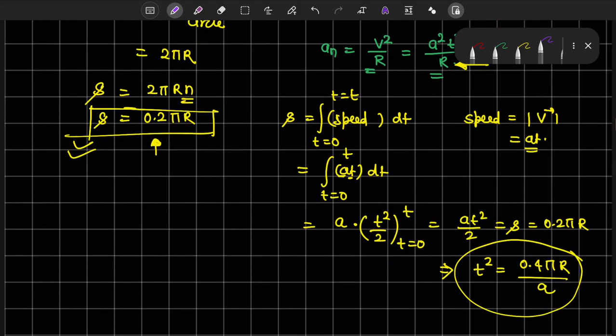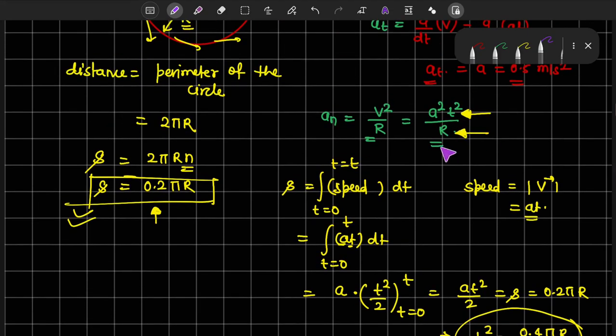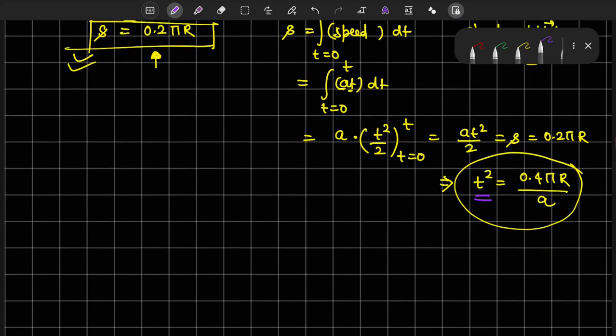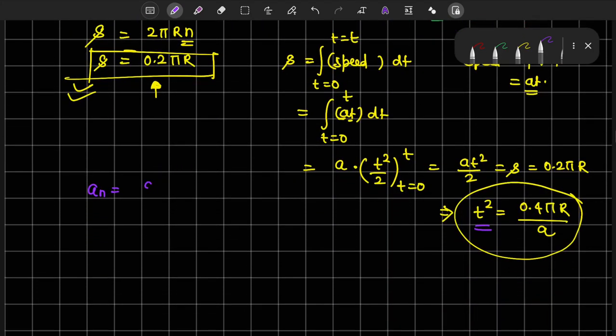Now let us substitute the value of t square in this particular expression in order to find the normal acceleration. So we can write the normal acceleration is equal to a square t square whole divided by r, that is equal to a square into 0.4 pi r whole divided by a into r.